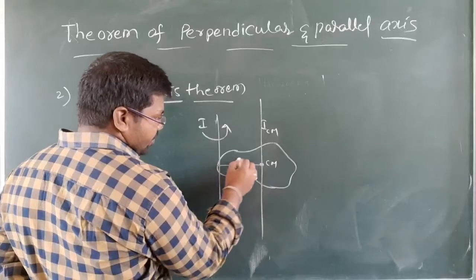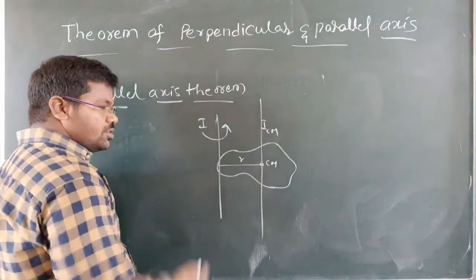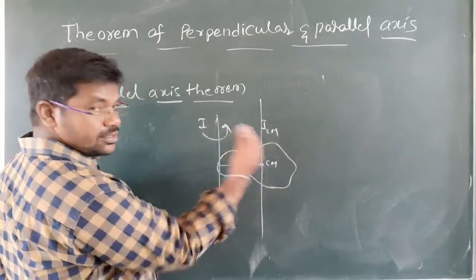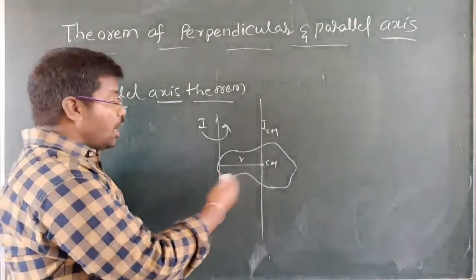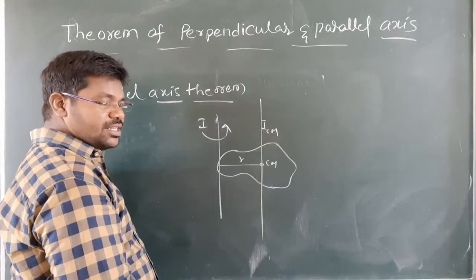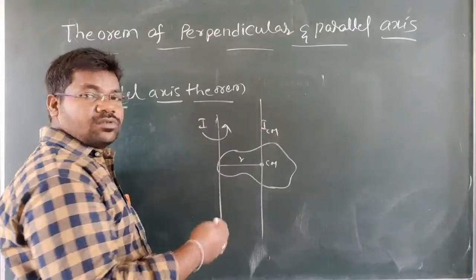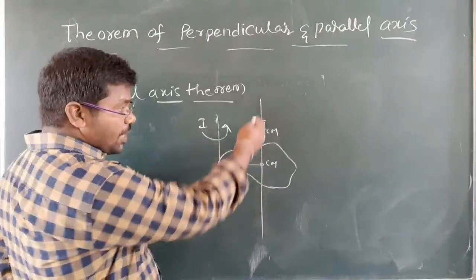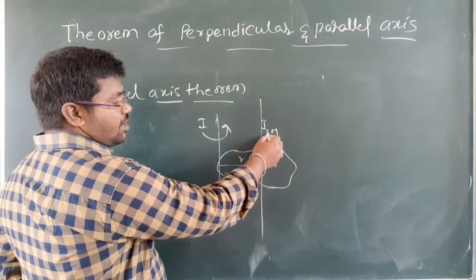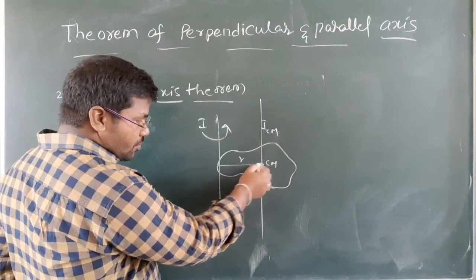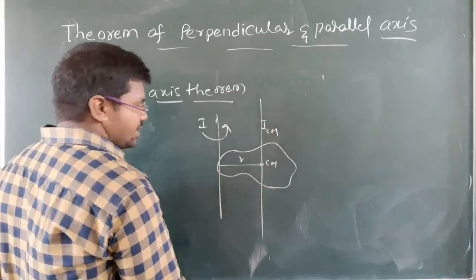The distance between them is denoted R. If the body is rotating about this axis, the moment of inertia about any axis is equal to the sum of the moment of inertia about the center of mass and the product of the mass of the body and the square of the distance between the parallel lines.